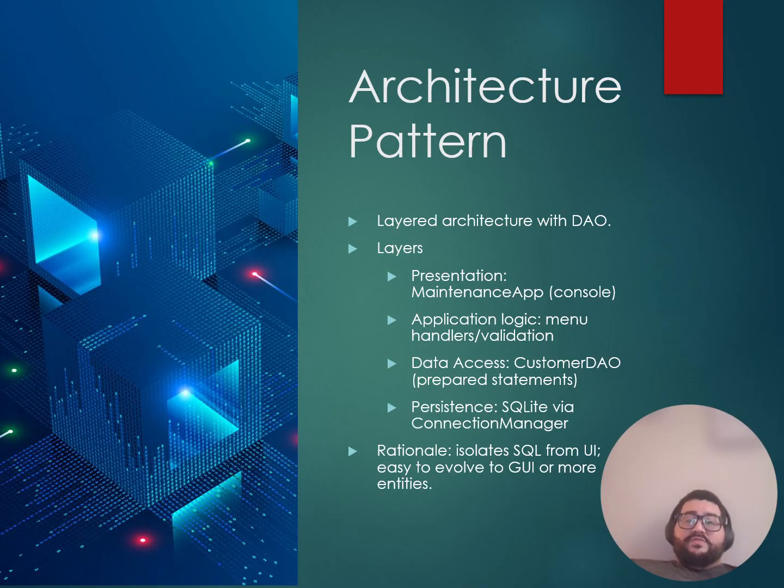So architecturally, I decided to use a layered architecture with DAO, right? This gives me a lot more flexibility when it comes to expansion in the future. So essentially, we're isolating our database from our UI. That way, they're two different systems.